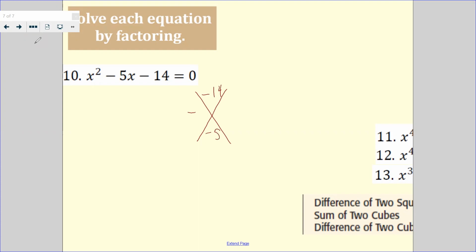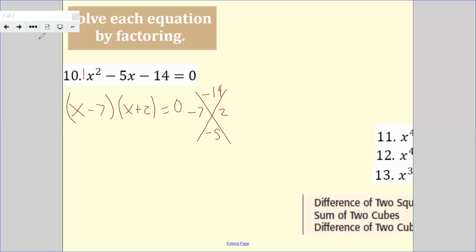Well, I know that is negative 7 and 2. So since this first number is a 1, I'm done. x minus 7 times x plus 2 equals 0. So that's my factored form of this original equation. Okay, and you can always check if I remultiplied this out, it should equal what I started with up here.